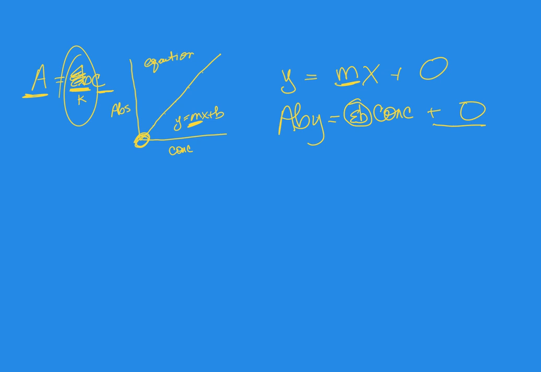It wouldn't be 0 if you forgot to put the water blank in there. And remember the water? That has some absorbance in itself. So this absorbs light in itself.